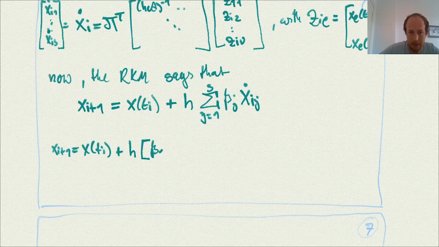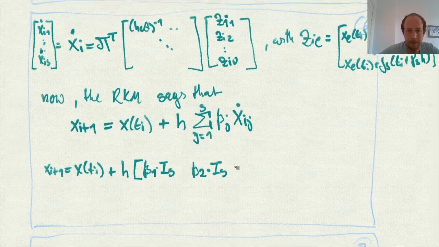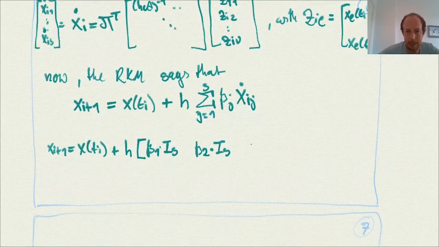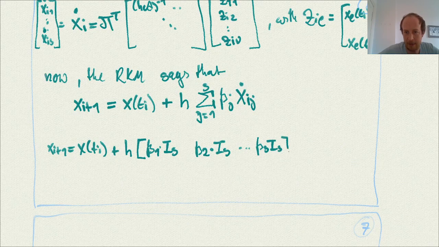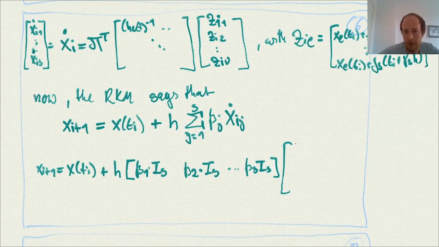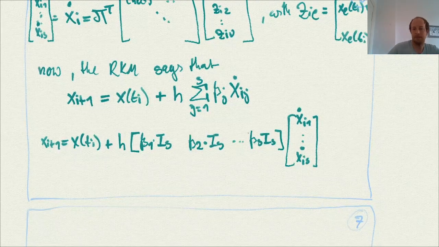This will be beta 1 times I_s, then another entry of this vector will be beta 2 times I_s, and so on, beta s times I_s, and this will be multiplied with this vector xi_{i1} up to xi_{is}. Okay, do you see this?